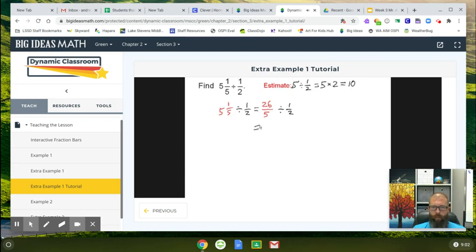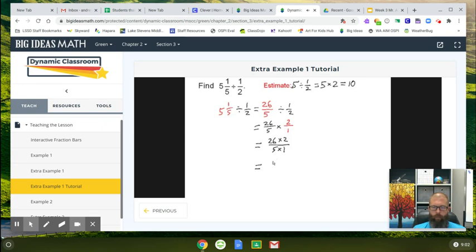Don't divide, flip and multiply. Now we are ready to multiply the numerators and denominators. And when we do, the result of 26 times 2 is 52. And 5 times 1 gives you 5.